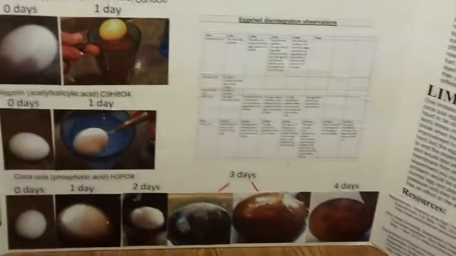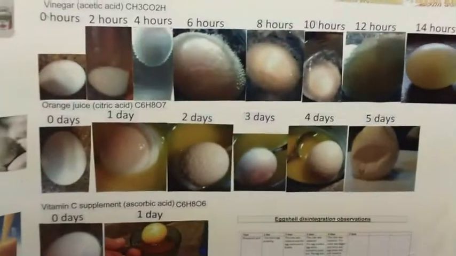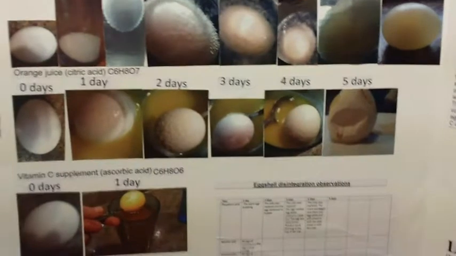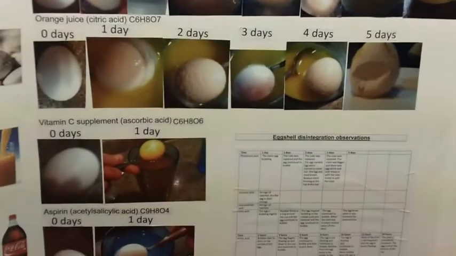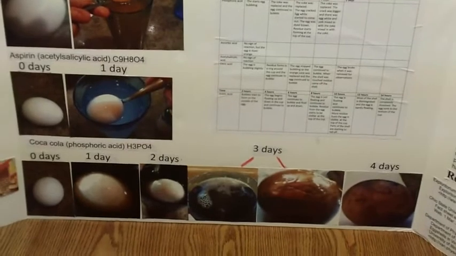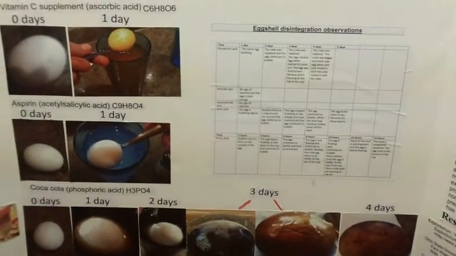So we put them in a cup with 500 milliliters of whatever substance they were in, and then we would wait and see how the egg reacted with the outside of the shell.